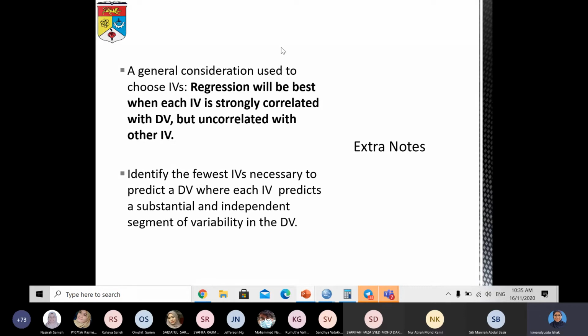This is a bit confusing. So between independent variables and the dependent variable should be correlated, but among all the independent variables, not correlated with each other. Identify the fewest independent variables necessary to predict the DV, where each independent variable predicts a substantial and independent segment of variability in the DV.